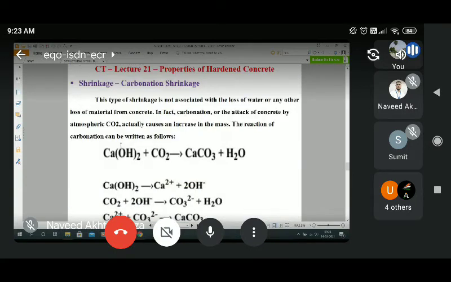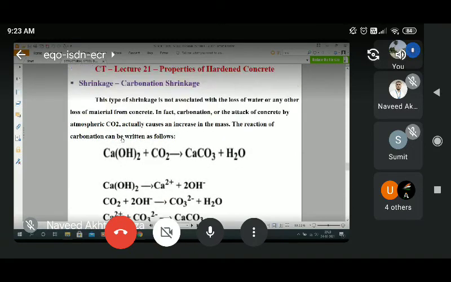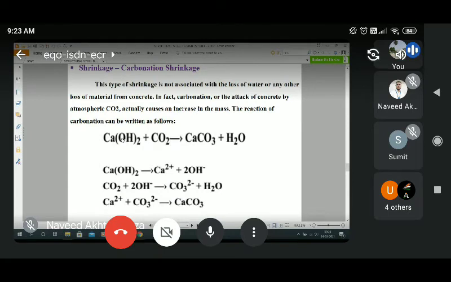Then the last, but not the least, is shrinkage due to the carbon dioxide reaction, and that is called the carbonation of your concrete, or carbonation shrinkage. This type of shrinkage is not associated with the loss of water or any other loss of material from the concrete.